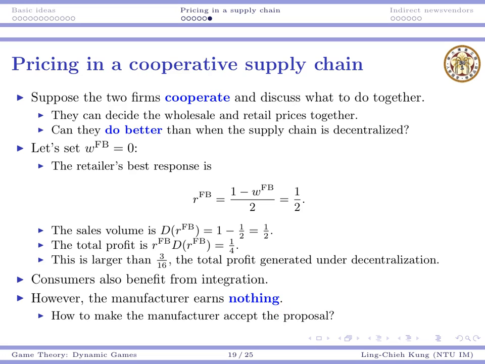Just like here, if I am a manufacturer, I think about this situation and I say, I want to earn more money, and that somehow requires the sales quantity to be larger. Then one thing I can do to induce the retailer to decrease the retail price is to lower my wholesale price. If I lower my wholesale price, I can induce the retailer to lower the retail price to increase the sales quantity. That's something I can do as a manufacturer.